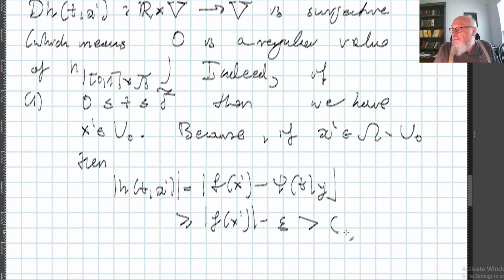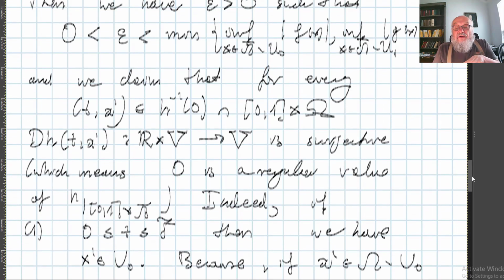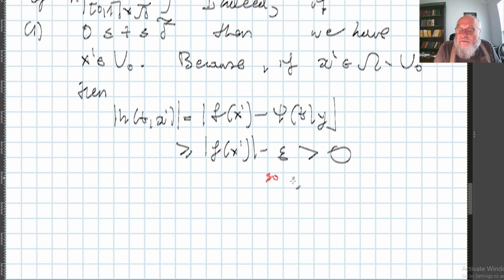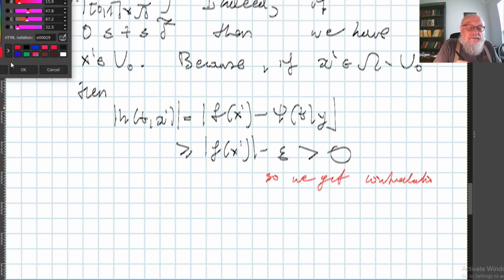And this one is definitely positive by the assumption of how epsilon was chosen. So if this is positive, it cannot be 0, so we get a contradiction. So it cannot be.